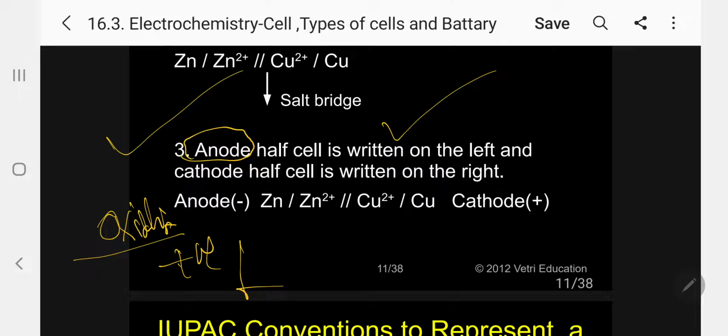And the cathode of the cell is on the right side. So in the Daniel cell, oxidation is on the left side, reduction on the right side. So this is more positive, this is less positive. So we have to represent it this way. Next.